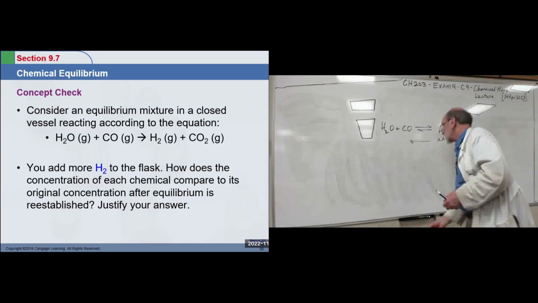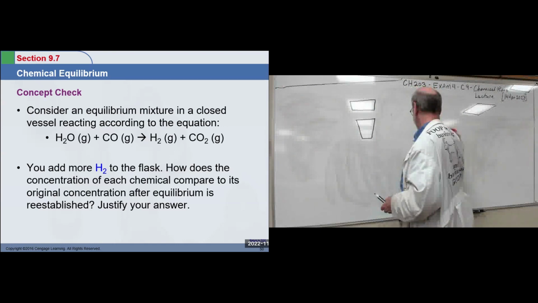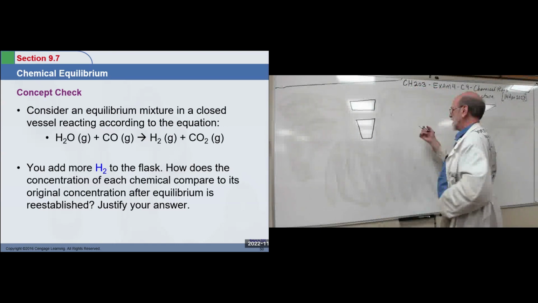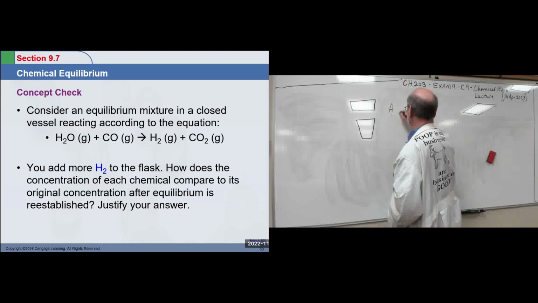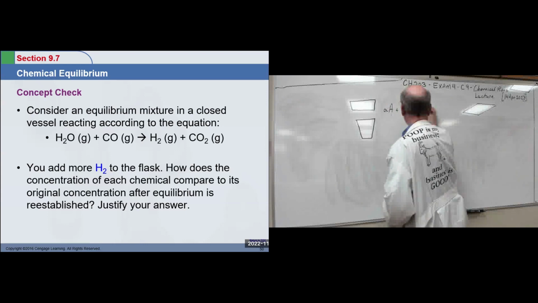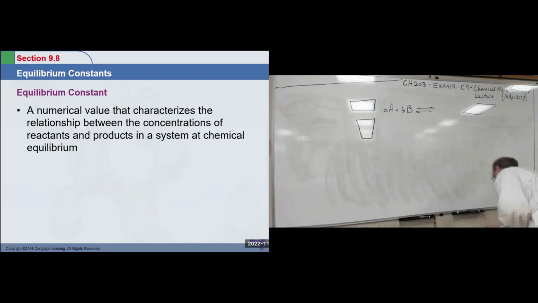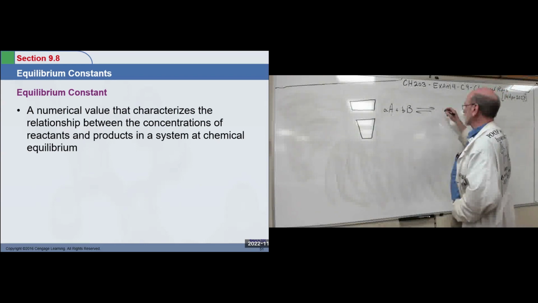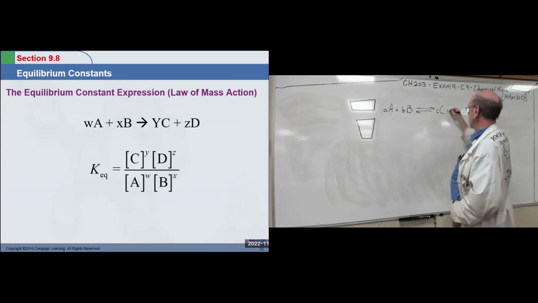Now we can express, let's say we have a reaction where we have this reactant and that reactant, and this coefficient and that coefficient. And they're going to produce products with that coefficient and this product and this coefficient and this product.